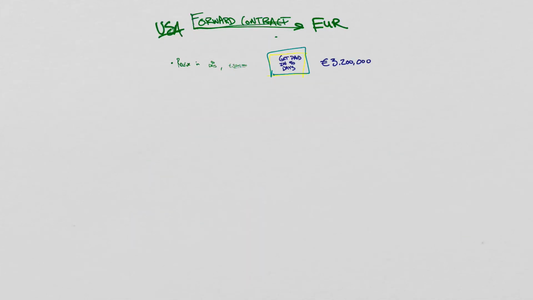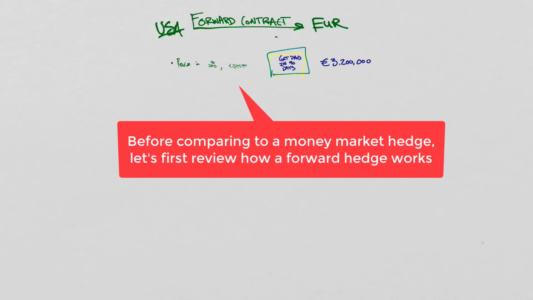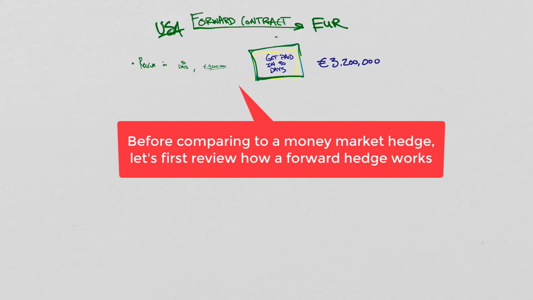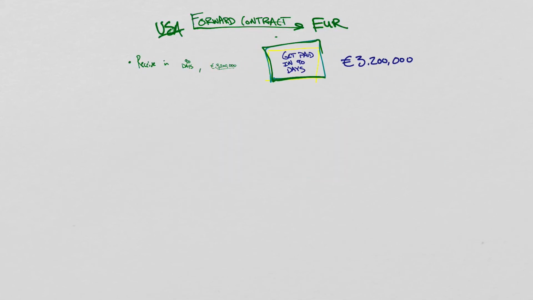With a forward contract, we're still going to receive payment in 90 days. That hasn't changed. The only thing that has actually changed is how we're going to hedge it. So what we're going to do is today immediately enter into a forward contract.